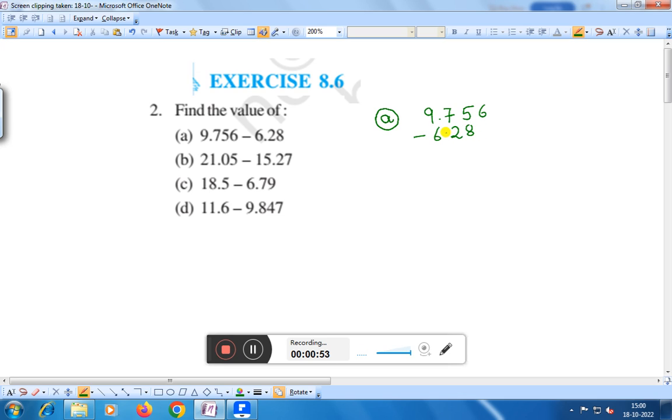After the point you can write 0 also. You have to subtract this one.